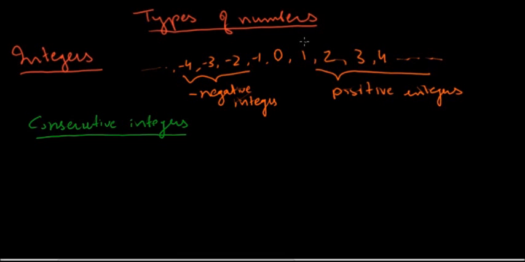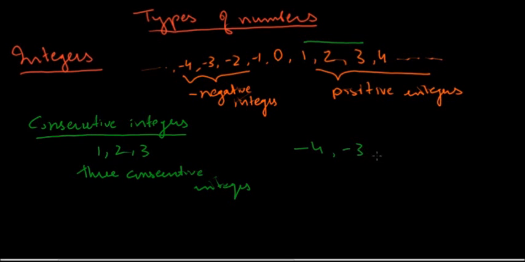So over here, I would say 1, 2, 3 are 3 consecutive integers. Similarly, if I have -4, -3, -2, these are again 3 consecutive integers, but on the negative side of things.